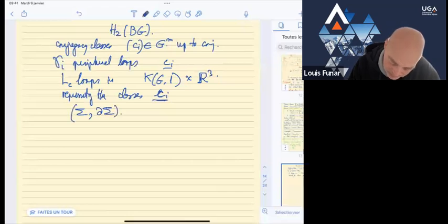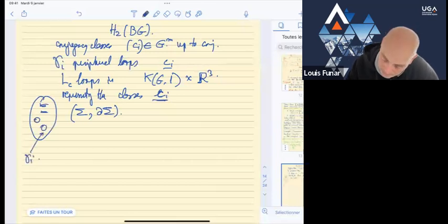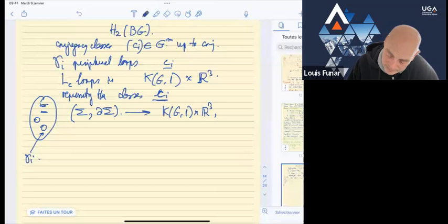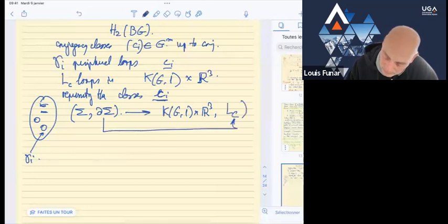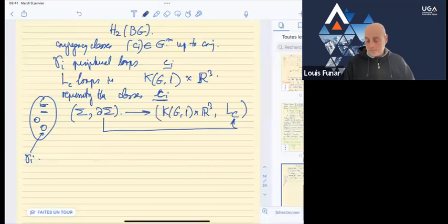Let's imagine that these are the conjugacy classes of gamma_i, and this is a map into KG1. But now what I'm asking is that this is sent precisely into this link here.